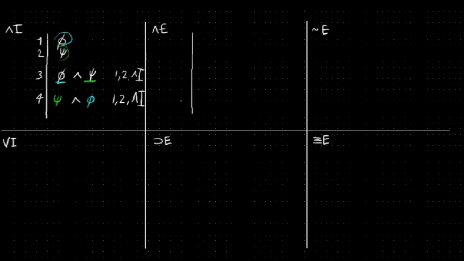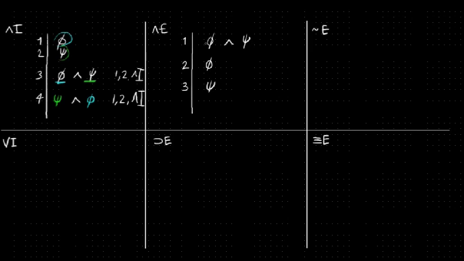So the flip side of this rule is the conjunction elimination. So if we have phi and psi on our scope bar, that means that anywhere below that we can write either of those conjuncts in isolation of one another.